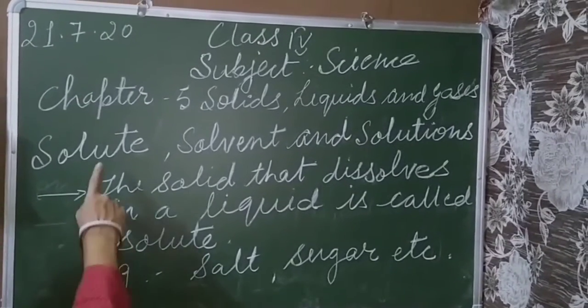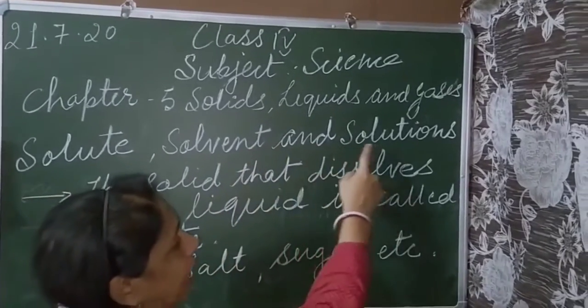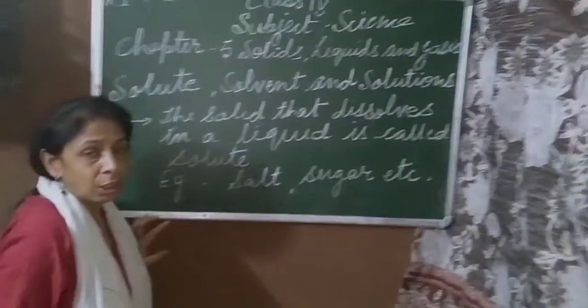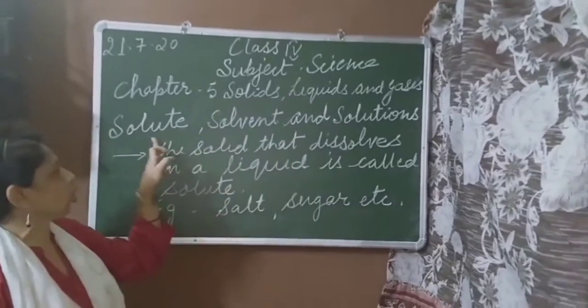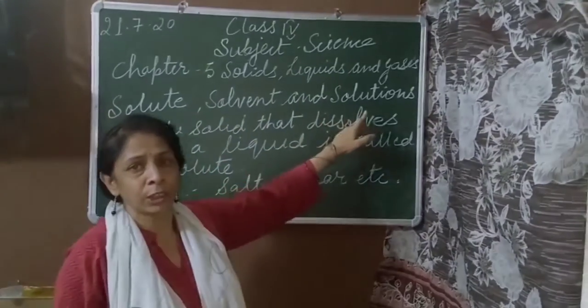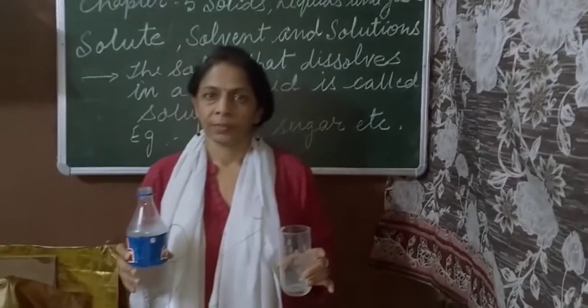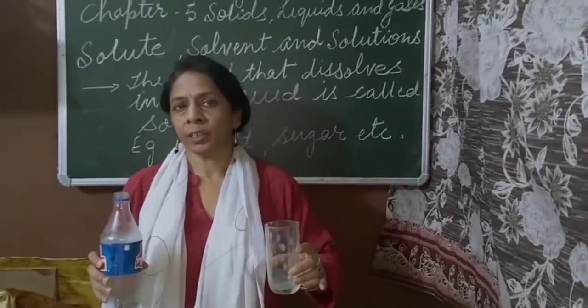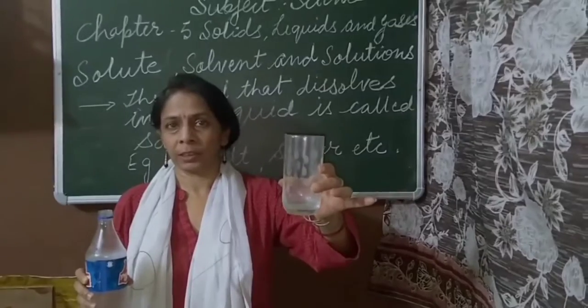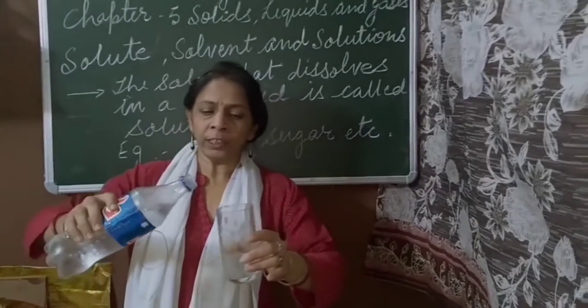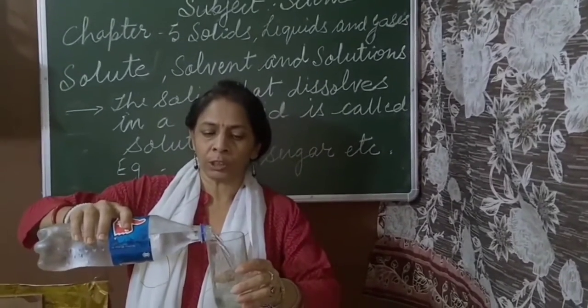Next is solute, solvent and solution. Before explaining this solute, solvent and solution, let me do one activity. See children, this is an empty glass. I am pouring this water into this glass.